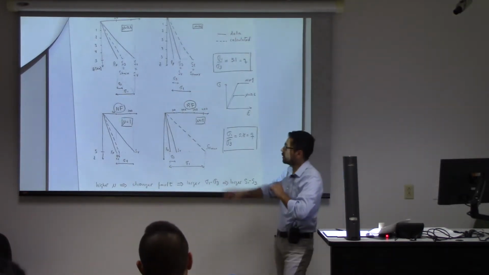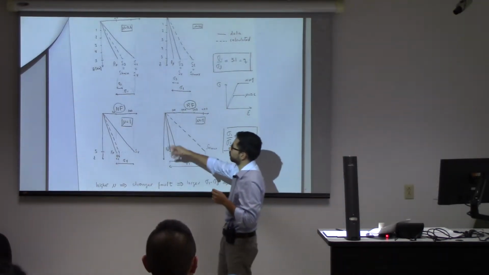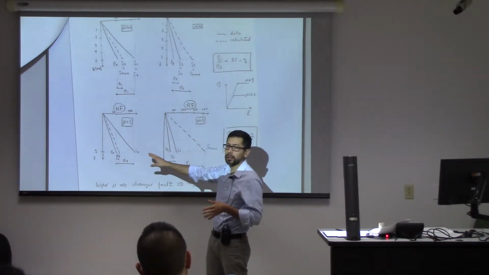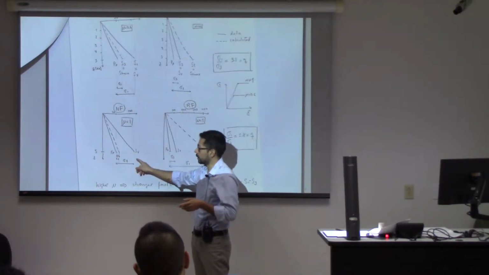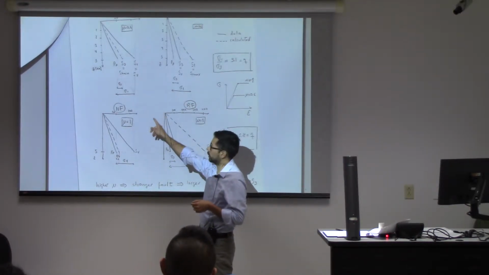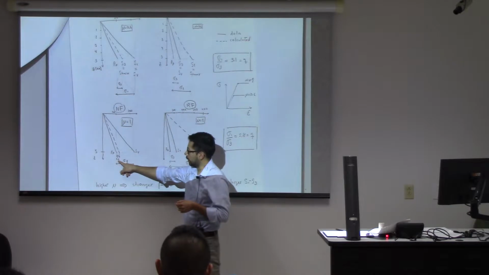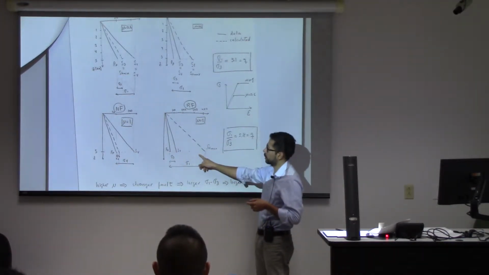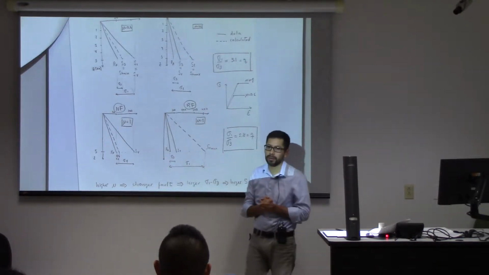So notice that in these two cases, we sort of anchored to SV. We know SV, we know pore pressure, and we can calculate either in normal faulting S3 or SH min, or in reverse faulting, we can calculate SH max.